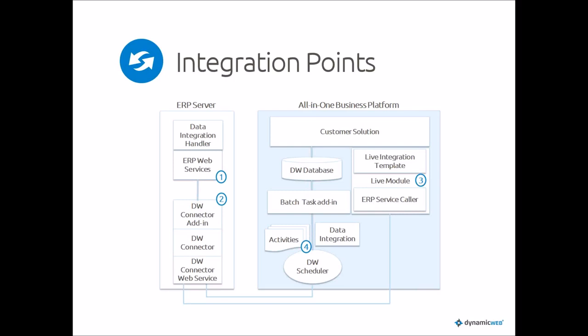That's number two here on the drawing. So you can extend these two services to your needs, or you can extend the Dynamicweb live integration part within Dynamicweb, either on the scheduler or on these live events that occur within the system. And this is what this drawing shows you.